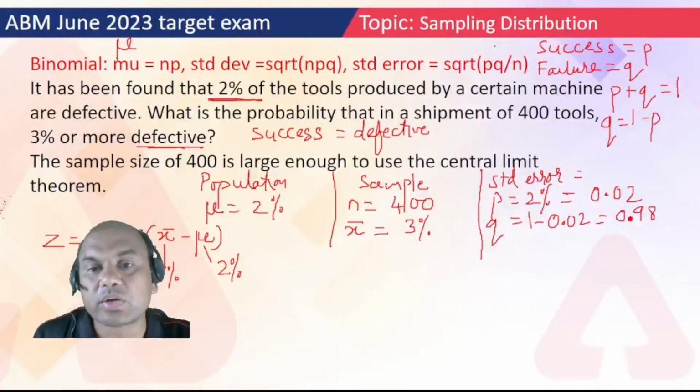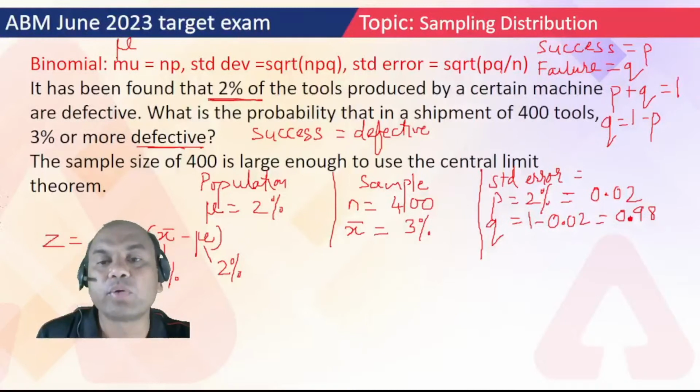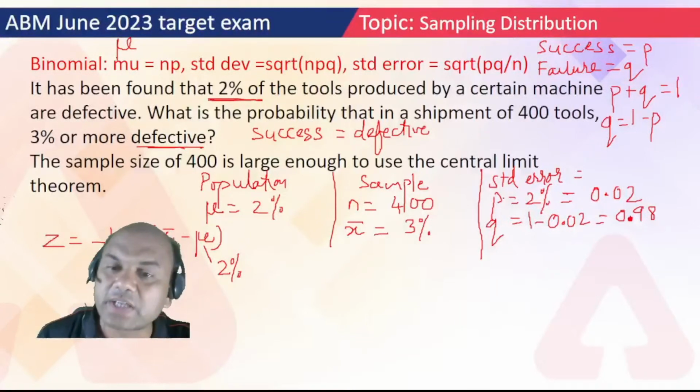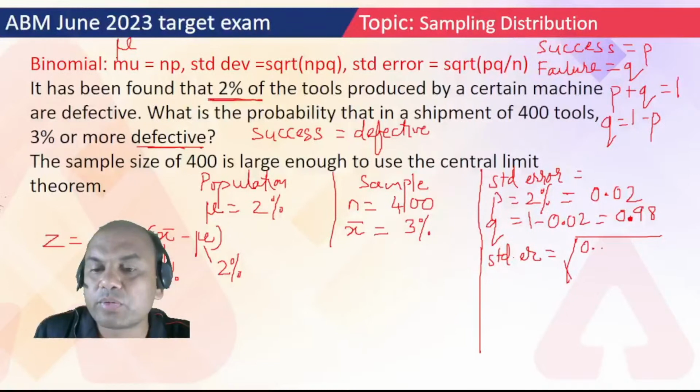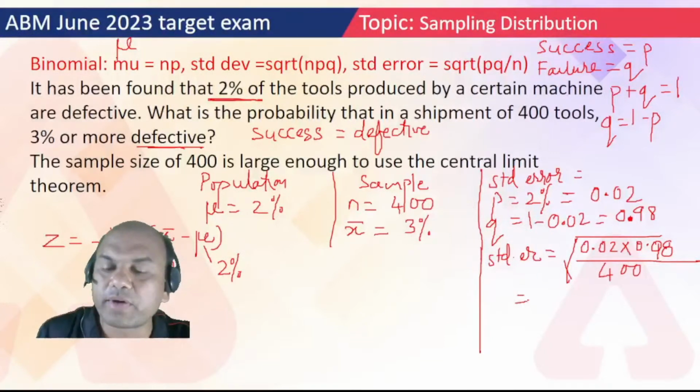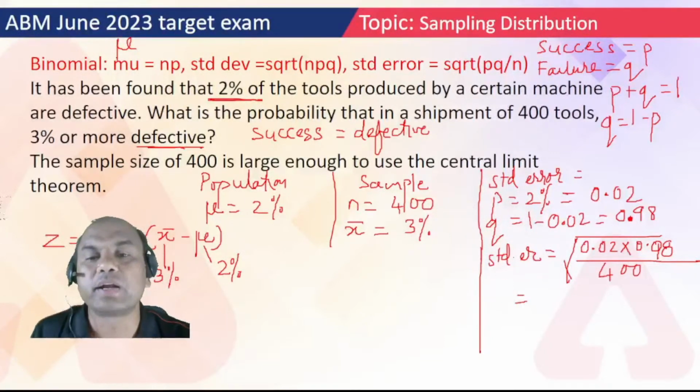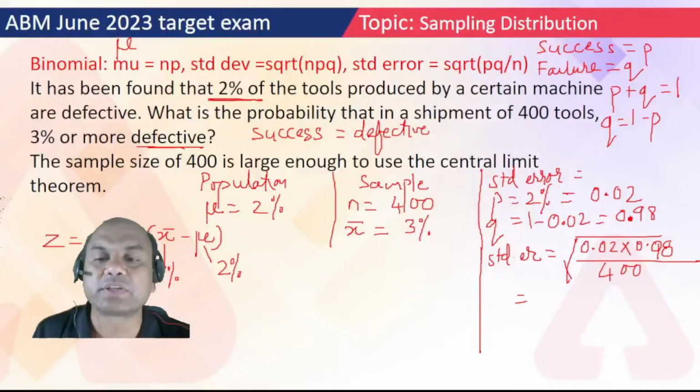Find the answer. 0.02 into 0.98 is 0.0196. Is everyone getting this? Divided by 400. So equals square root of 0.0196 upon 400, which is like 4 times 0.49 in the numerator.